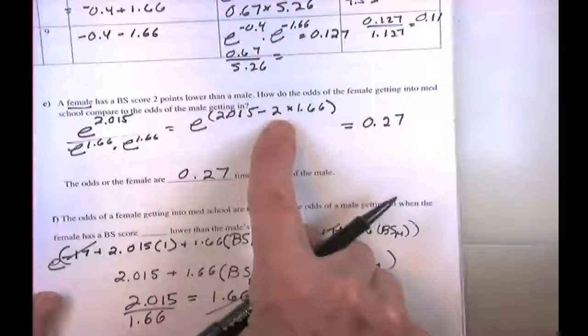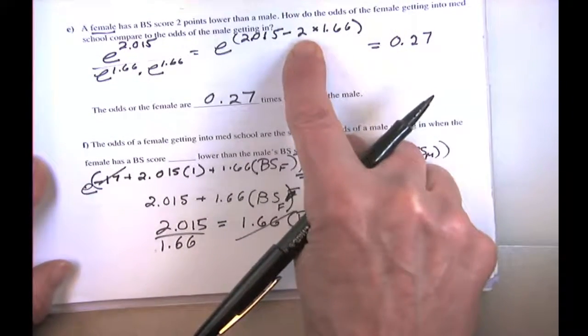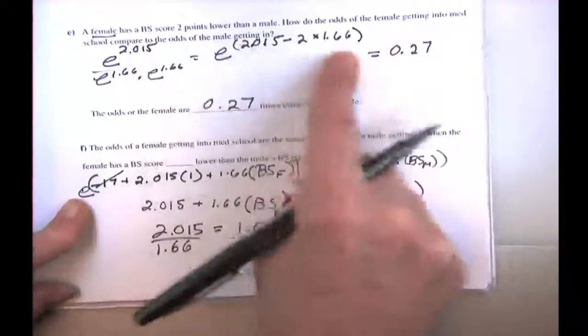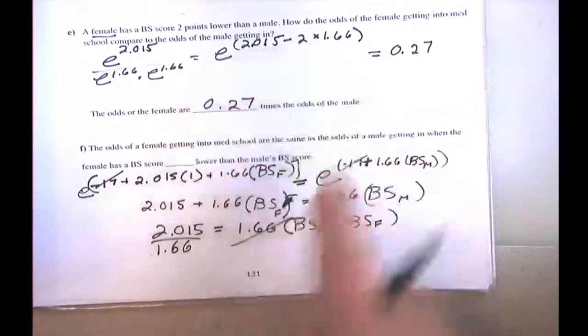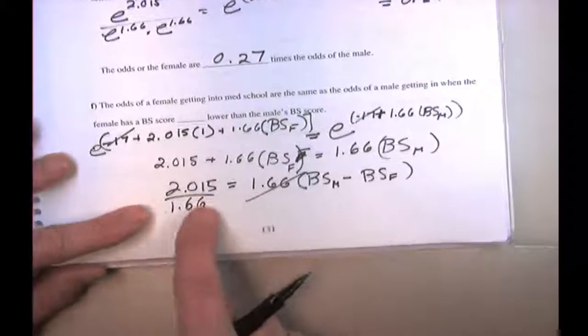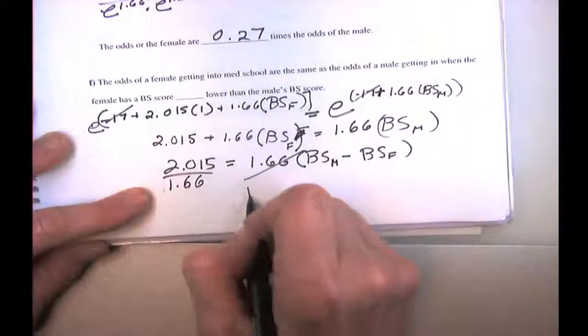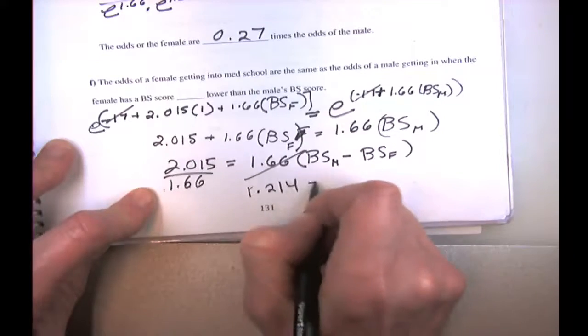This coefficient has to be 2.015 divided by 1.66, you want to make this equal 0. 2 is too big to make it equal, 1's too small. So that's what we did here. And that's when the difference in their scores is 1.214.